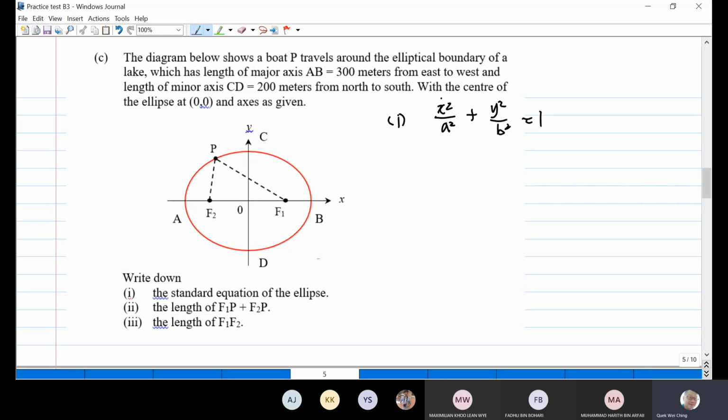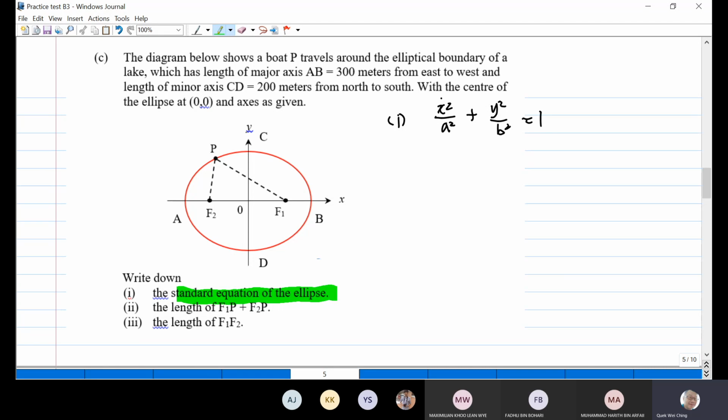This is the equation of ellipse, right? Standard equation of ellipse. So this is why it's called standard. There are many forms of equation, but we will look at a standard equation of ellipse here. Part 1. So what is A and B now? Okay, so AB axis, the major axis is 300 here.